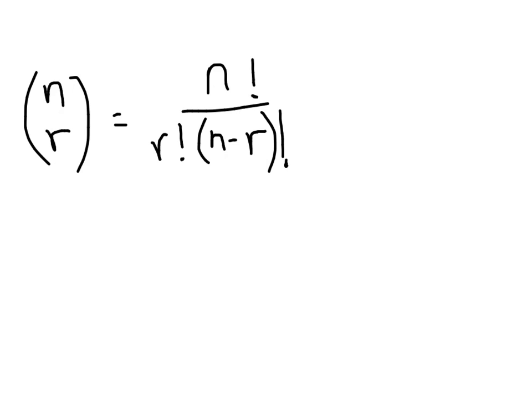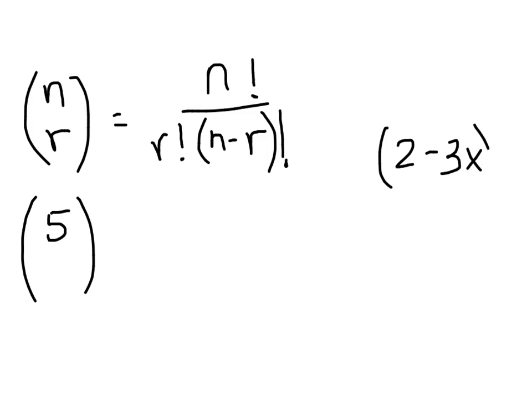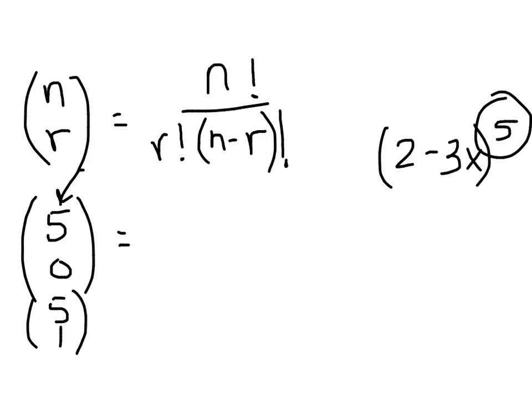In the last one, since 5 was the exponent, 5 is the top number, n. Then you simply start with 0, and then go to 1, and so on. Doing it by hand, you do 5 factorial over 0 factorial, and then you'd have 5 minus 0 factorial.